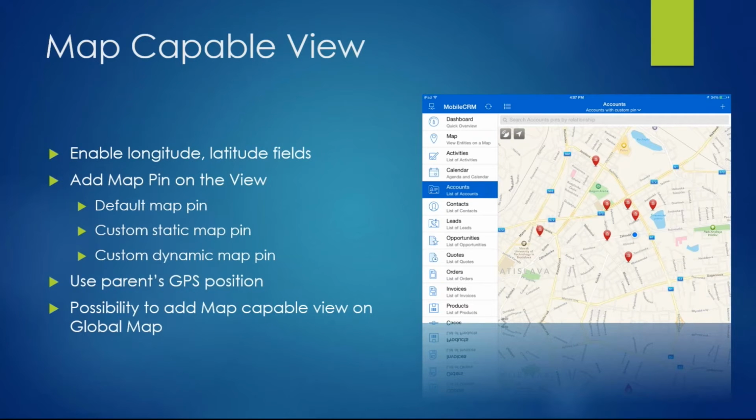So if you have a child record, let's say a phone call or appointment that doesn't have the latitude and longitude fields, you can add the parent, let's say account, GPS position fields to be available for this appointment or phone call view. And so you will see the appointments or phone calls on the map, just like you will see their accounts.